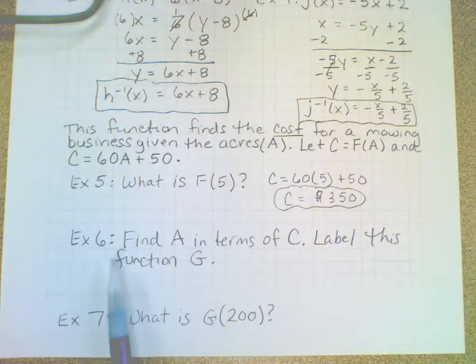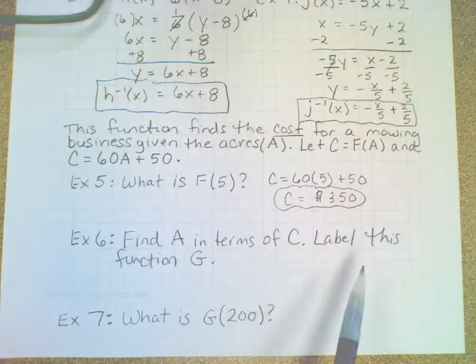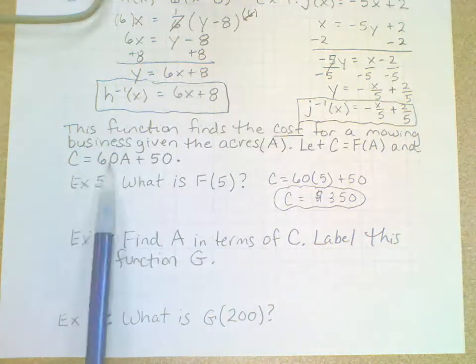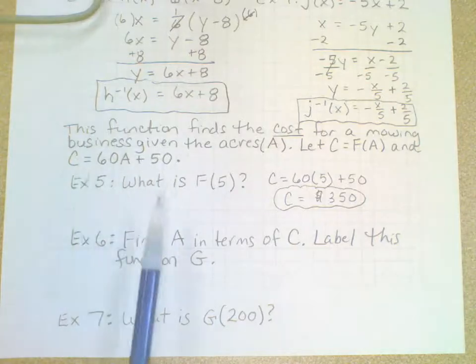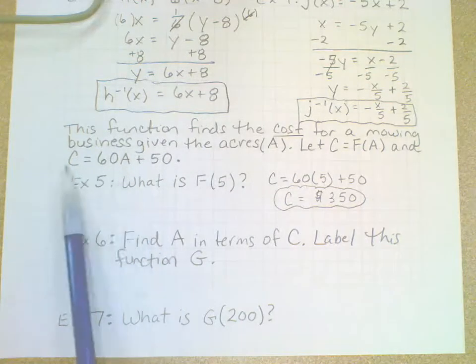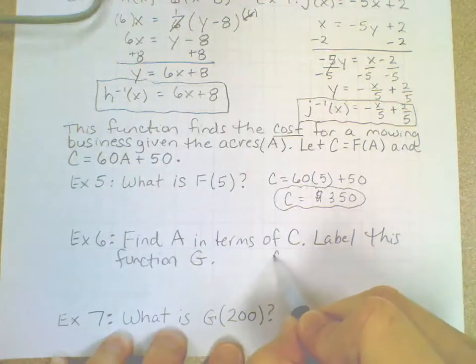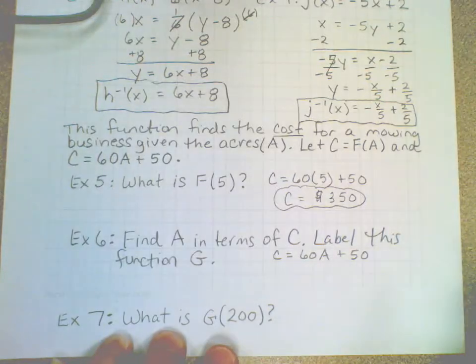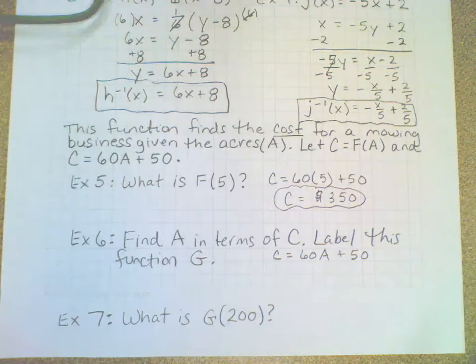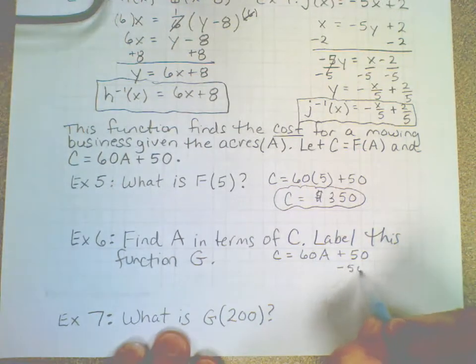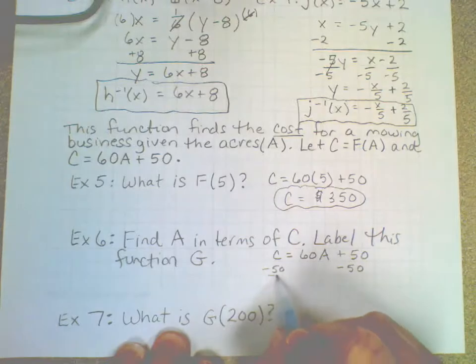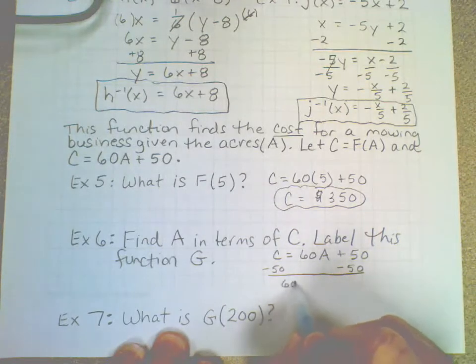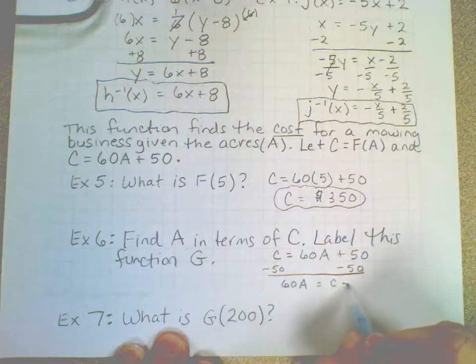Okay, now this question is saying find A in terms of C. Label this function G. So all I want to do is go up to this function that I have right here. It says find A. I'm going to isolate A. So I'm going to leave them where they are. And instead of a cost function, it's going to be an acre function. So I'm just going to subtract 50. And divide by 60.